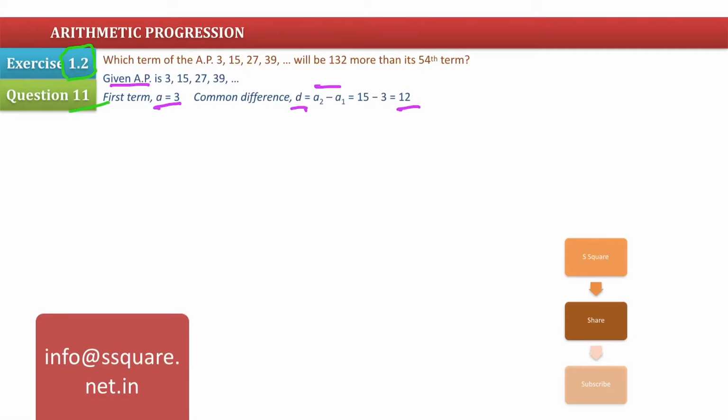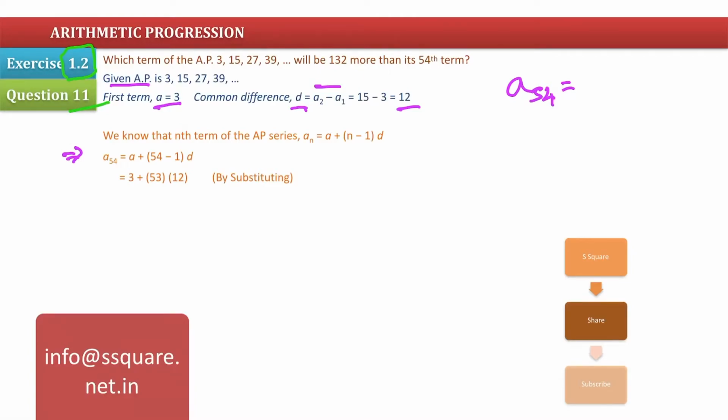D is 12. Now we know that the nth term of an AP series is an equals a plus n minus 1 into d. Now we have to find the 54th term, a54. We find a54 by using a and d.